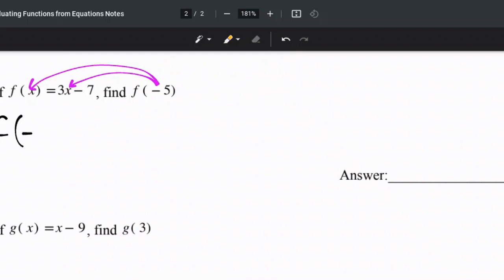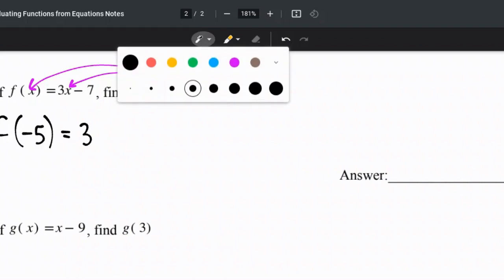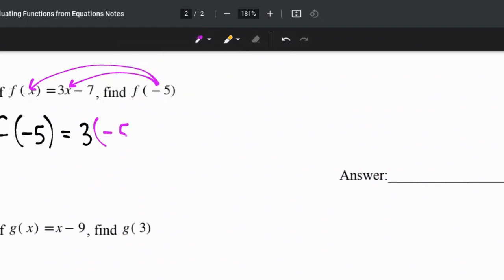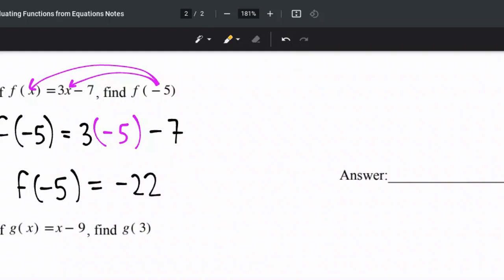So f of negative 5 equals negative 3, and then we're putting negative 5 in for x, so times negative 5 plus 7. You can type this entire thing into your calculator the way you see it with parentheses and see what we get. And we should get that f of negative 5 equals negative 22. So that is our answer for 5a.